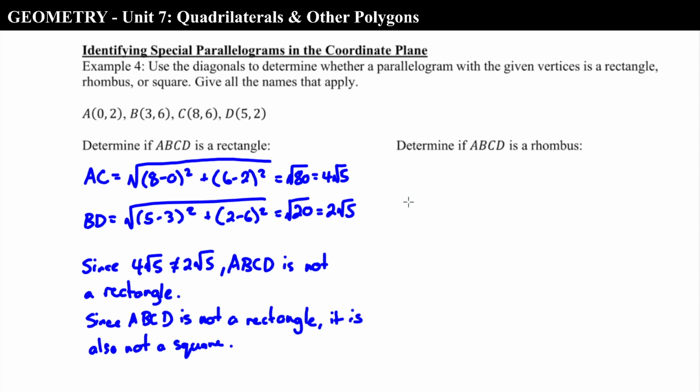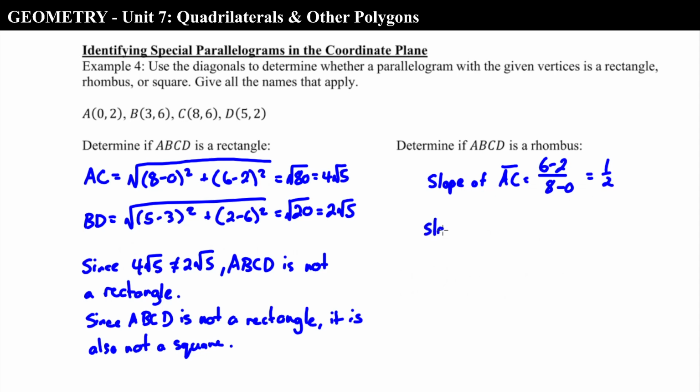And we do that by seeing if the slope of the diagonals are perpendicular. So the slope of AC is going to be equal to (6 minus 2) over (8 minus 0), which is 1/2.